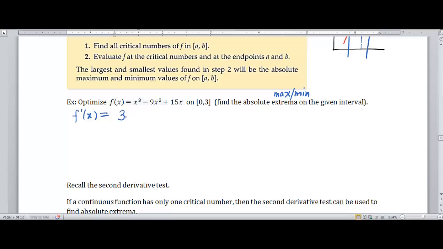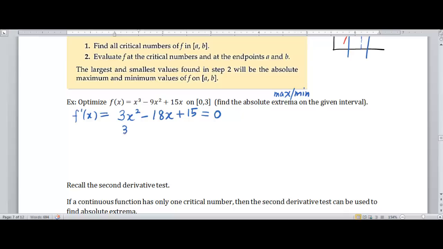So that's 3x squared minus 18x plus 15. And we have to ask ourselves, where is this undefined? Well, it's not. It's defined everywhere. It's a polynomial, so there's not going to be a critical number due to the derivative being undefined. So then we set the derivative equal to 0.